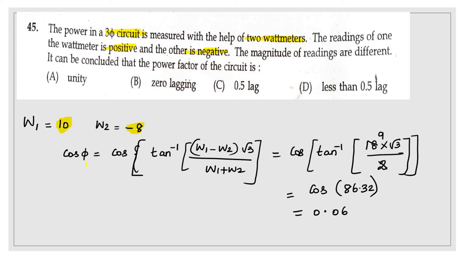So how to find cos phi? Cos of tan inverse of (W1 minus W2) into root 3 divided by (W1 plus W2). Cos of tan inverse of (10 minus of minus 8), 18, into root 3 divided by 2. The angle is 86.32, cos of this is 0.06. So option D is the correct answer, less than 0.5 lag.